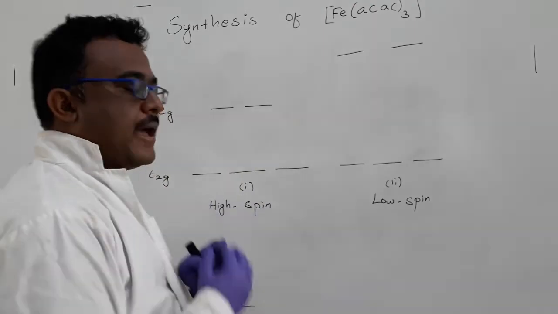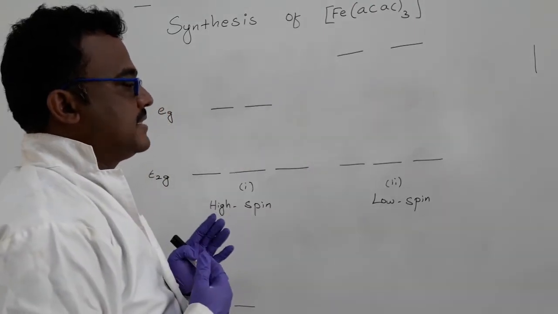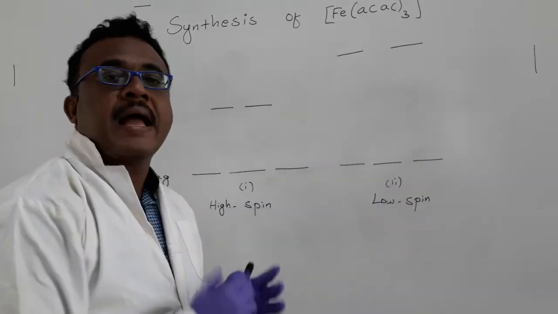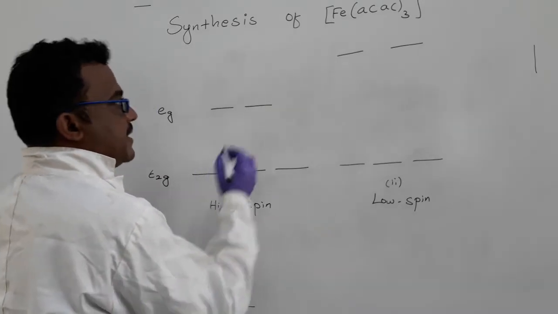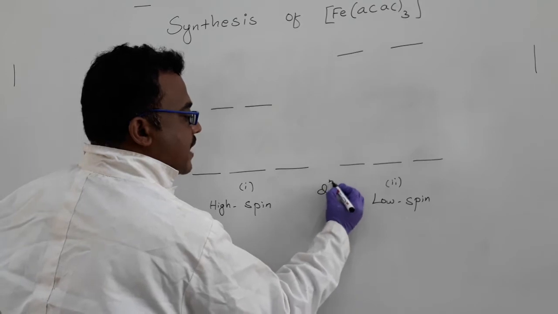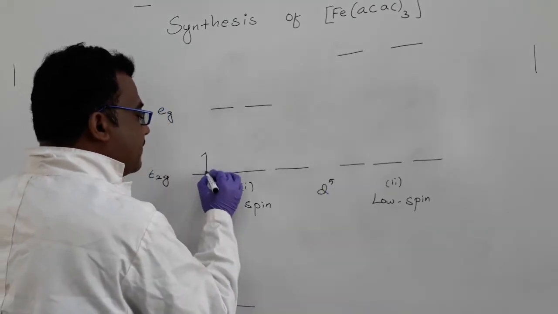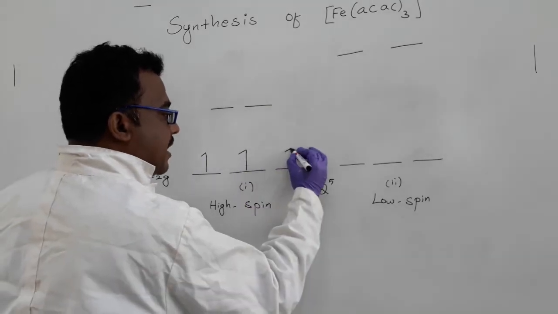Let me compare the ferric acetylacetonate complex if it is low spin and if it is high spin. What about the magnetic moment? If you take it as high spin, we know that iron(III) is a d5 system, so it has 5 unpaired electrons in the d orbitals.